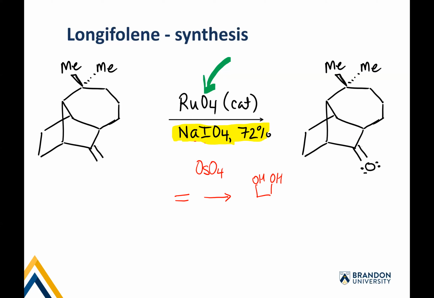And then we would have used NaIO4 to make... actually there's another oxygen in here somewhere. And then this fragments, you would end up reducing the iodine. Do we remember that?